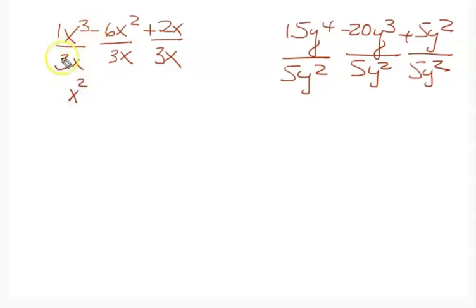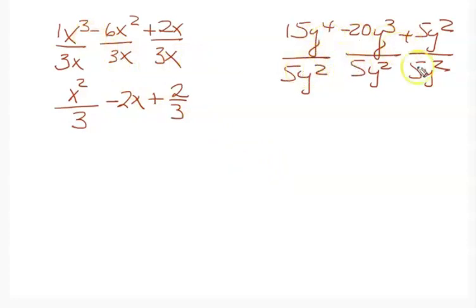I can take that, but I'm still going to be left with a 3 in the denominator. Here I'm going to have a -2x. And here, the only thing that cancels out would be the x's to become a 1. And we end up with something like that. So we've simplified this.